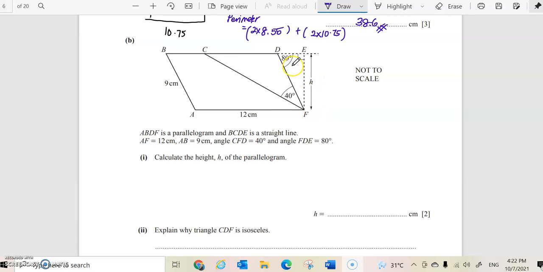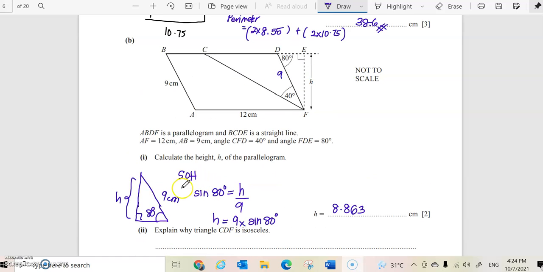So kita dah ada angle. And then this one, yang ni kita kena guna trigonometry, okay? Okay, so here we can use trigonometric ratios for sine, okay? We redraw it again, and we get this one is a right angle triangle. So bila right angle triangle, awak boleh guna trigonometric ratio.